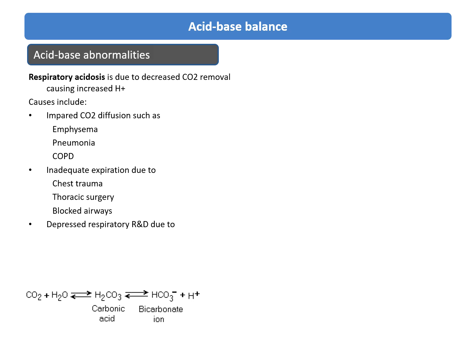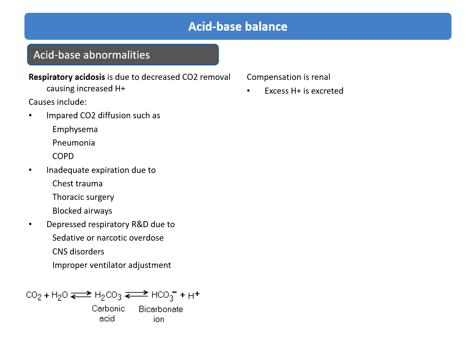Depressed respiratory rate and depth could also result. Sedatives or narcotic overdose could cause this. Central nervous system disorders and improper ventilator adjustment. Compensation for respiratory acidosis is renal. Renal excretes the excess hydrogen ions. Tubular buffers such as phosphate ions and ammonia counter further secretion of hydrogen ions.